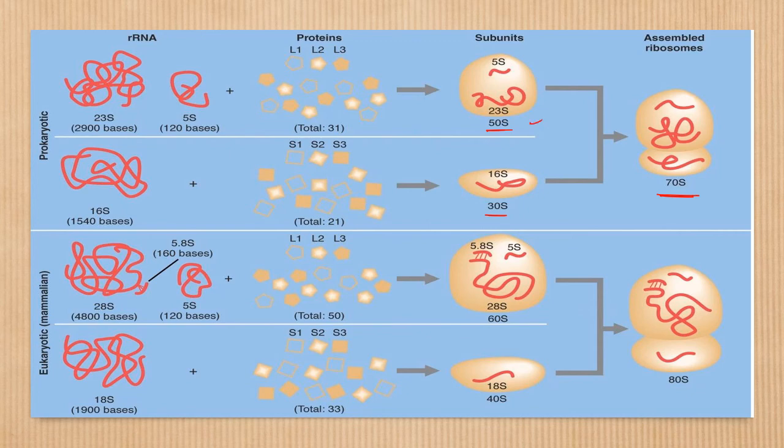Similarly, the smaller subunit in prokaryotes is assembled with 16S RNA, which consists of 1540 bases, plus 21 ribosomal proteins to form this 30S smaller subunit. And both are joined to form 70S in the active state.